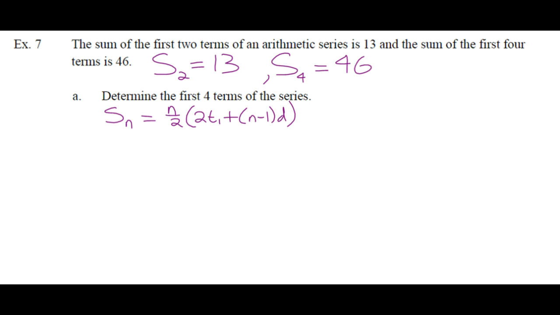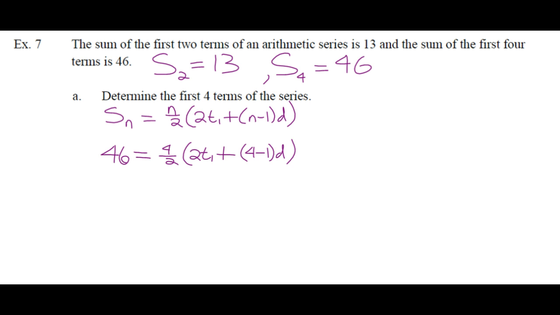Okay, so what do we got? Well, we just have S4, right? So we could write down, all right, I know that 46 is equal to 4 over 2 times 2T1 plus 4 minus 1 times D. All right, so we've got an equation with two unknowns.